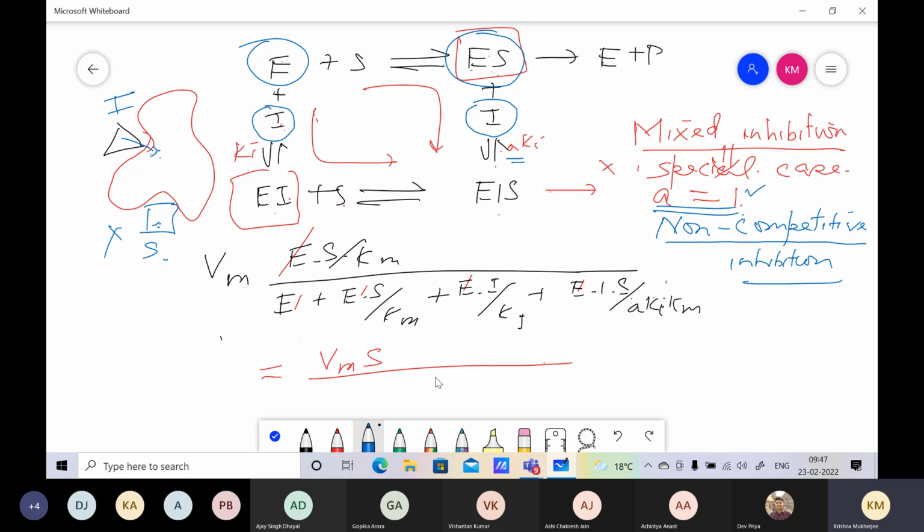Now in which case, what do we have here? What is the mixed inhibition non-competitive model here? So Vm upon, let us have alpha gone here. So what do we get? And multiply by Km.